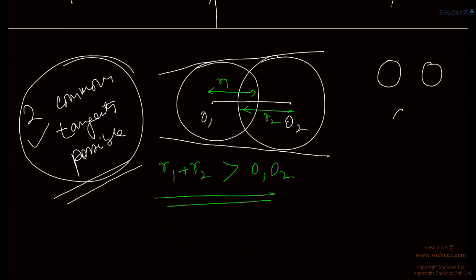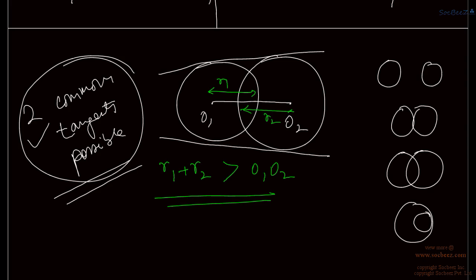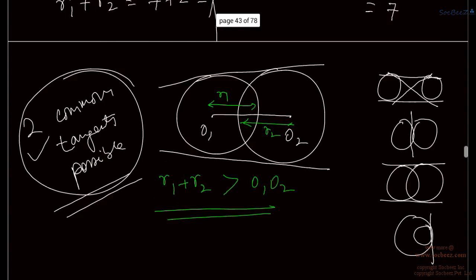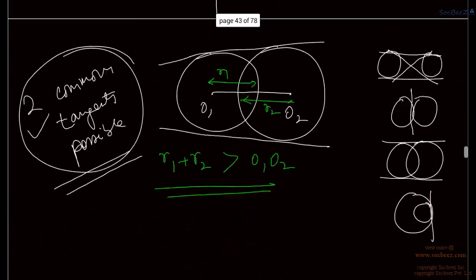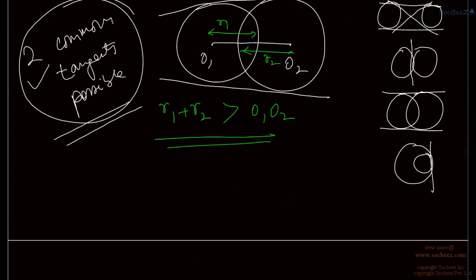Like one is like this, another is like this, then like this, and then like this. So in this case we have 4 common tangents, right? In this case we have 1 common tangent, in this case we have 2 common tangents, and in this case we also have 1 common tangent. So in all cases we have common tangents. So instead of 0 there should be 2. Okay, so we have 2. In this case we have 2 common tangents.